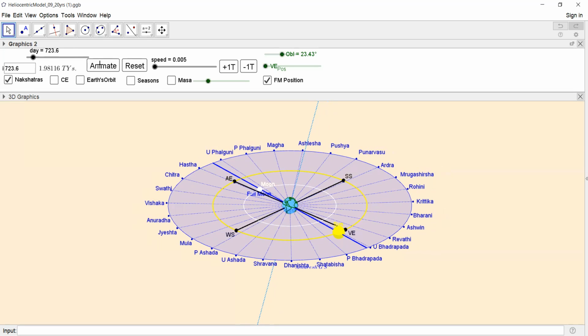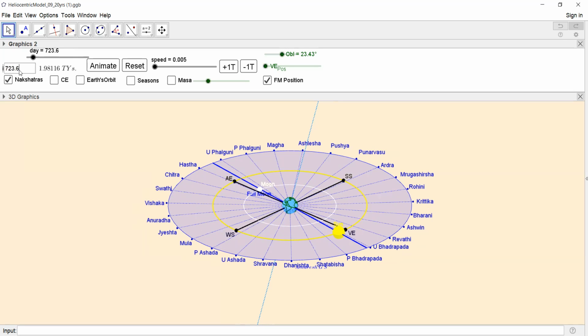Remember, there are 12 months: Chaitra, Vaishak, Jyeshta, Ashad, Shravan, Bhadrapad, Ashwin, Kartik, Margashirsha, Paush, Magh, and Falgun. However, notice the position of the full moon. It is between Uttara Falguni and Hasta.